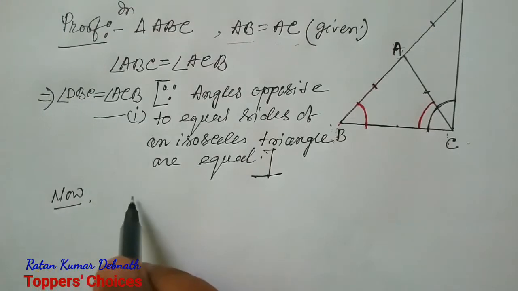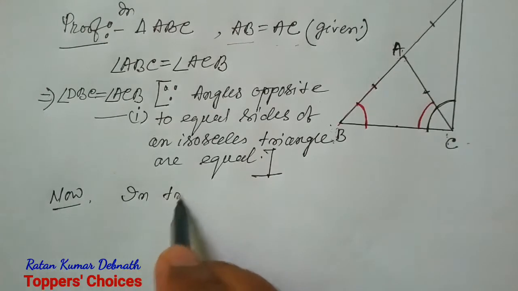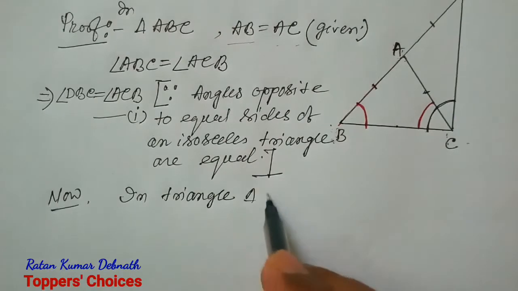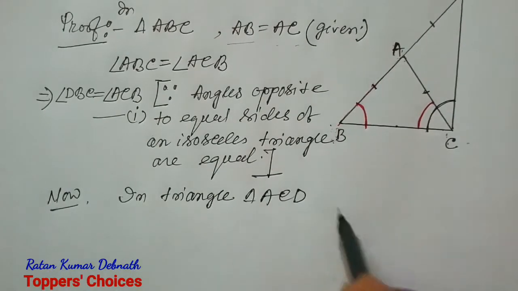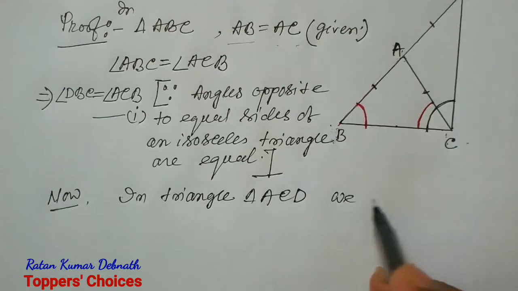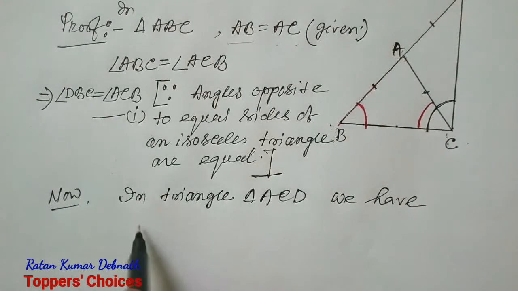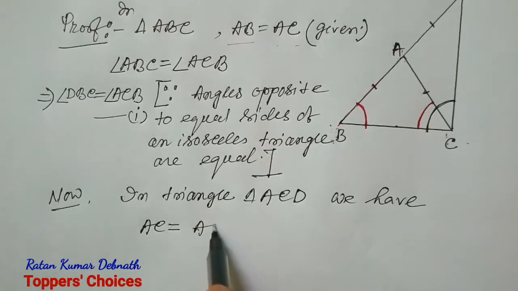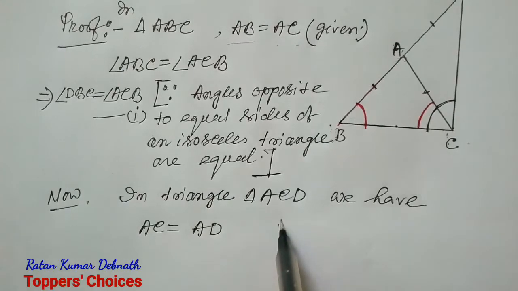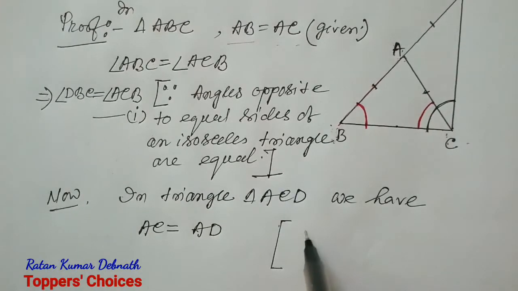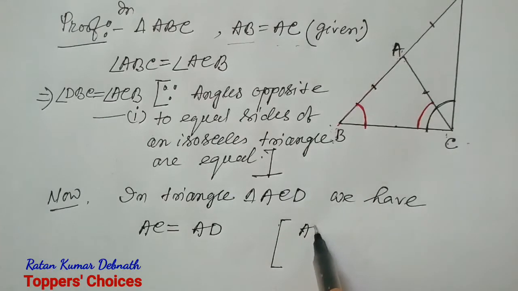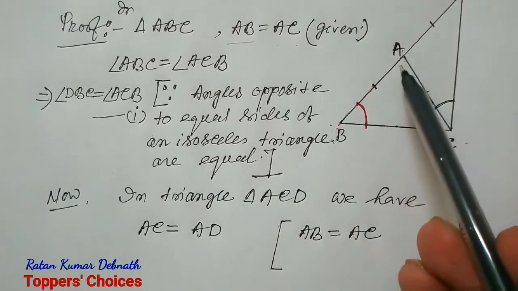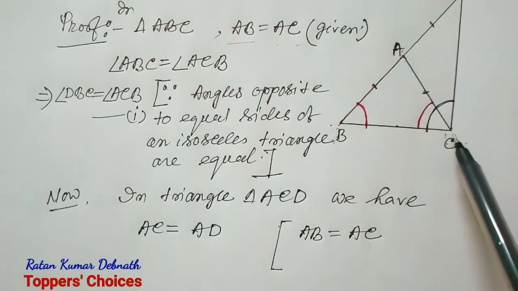Now in triangle ACD, we have AC equals AD, because it is given that AB equals AC, this side equals this side.